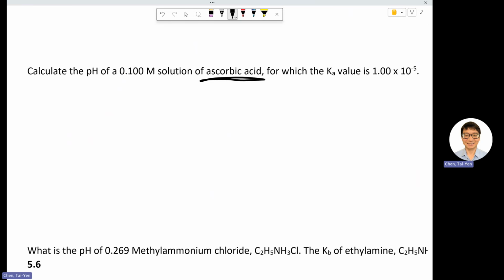Acid or base first? Good. Okay, strong or weak? How do you know? It's not one of the seven, right? Weak.